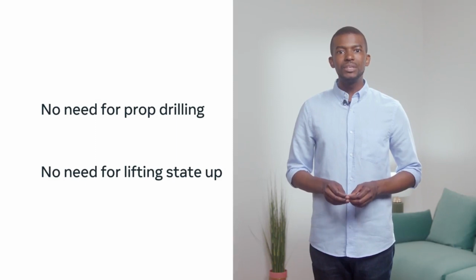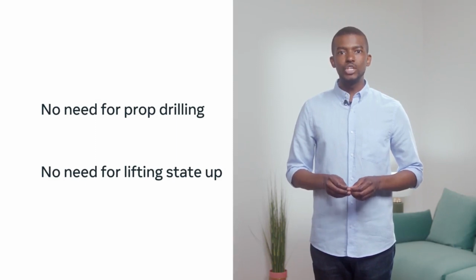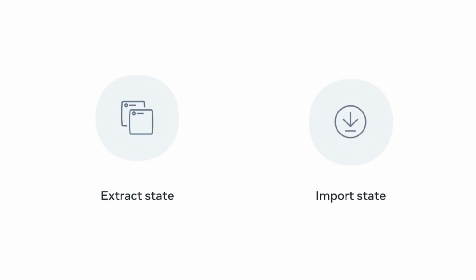Instead, the component that needs the data simply gets it from the Context API. The way that this is achieved is by extracting the state into a separate file that holds the state in context. Then, any file that needs it simply imports it and uses it. Great job. You should now have a great understanding of managing state in React.